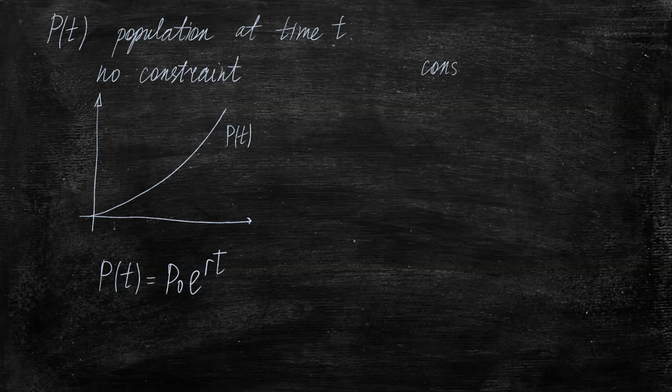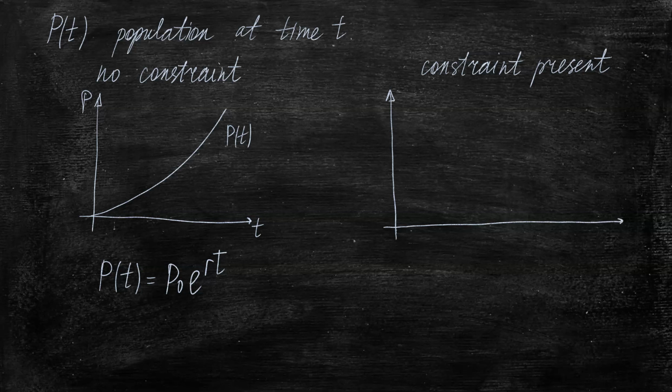Now, when there is a constraint, and what exactly do we mean by a constraint? Well, assume that the environment can only sustain a certain size of the population. So no more than 10 billion people can live on planet Earth, for example.